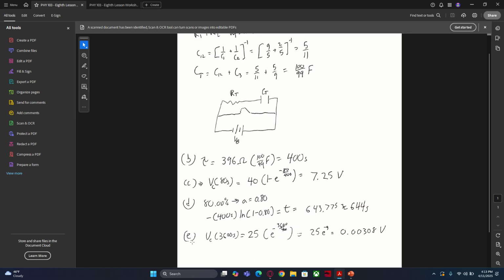Lastly, question E. This asks us to calculate the voltage that will be across our simplified capacitor after discharging it for a certain amount of time. And that equation will be V0 times e raised to the negative time over tau.